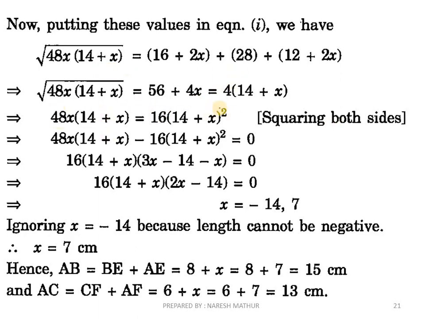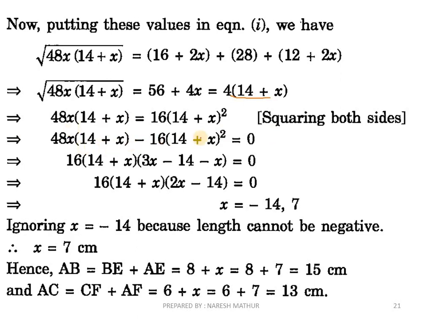Now we can square both sides. So the 4 square will be 16, 14 plus x whole square, and the square root will be cancelled out, so we will get 48x, 14 plus x. Now see, either we can cut the square with the 14 plus x, or we can take it common. Both choices are right.